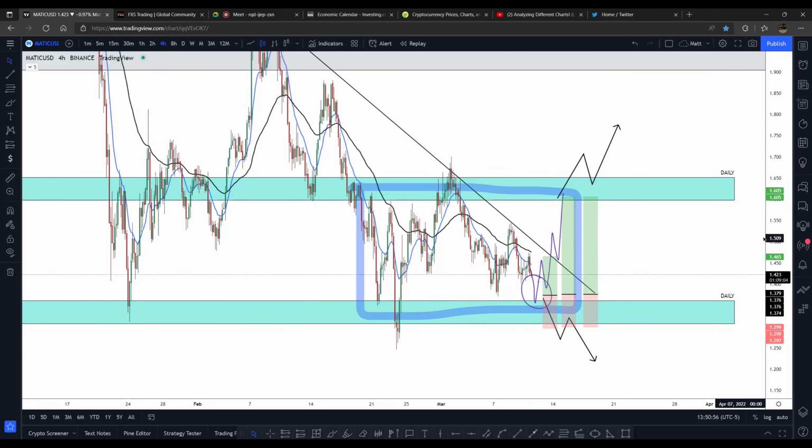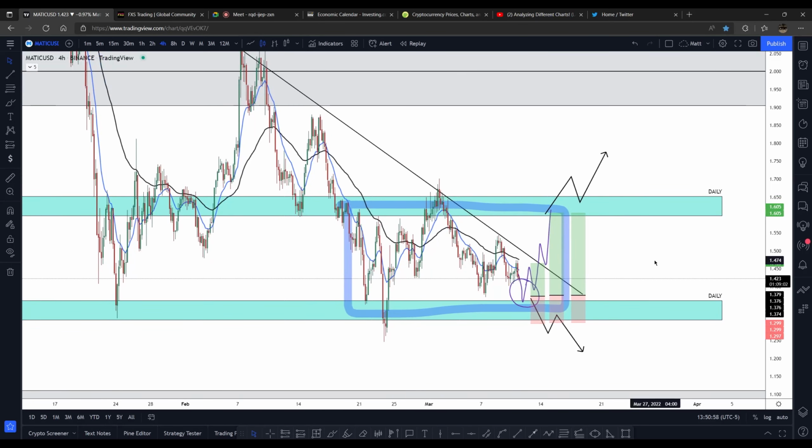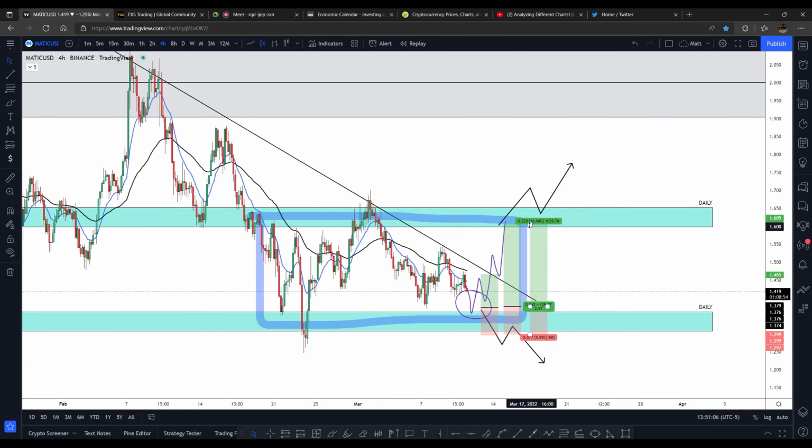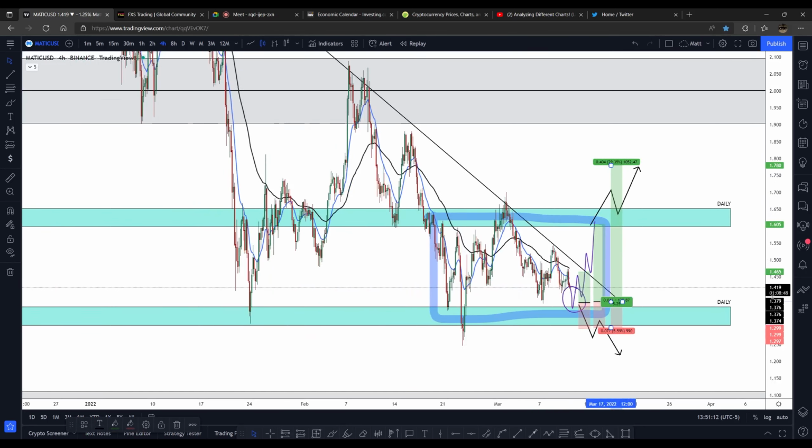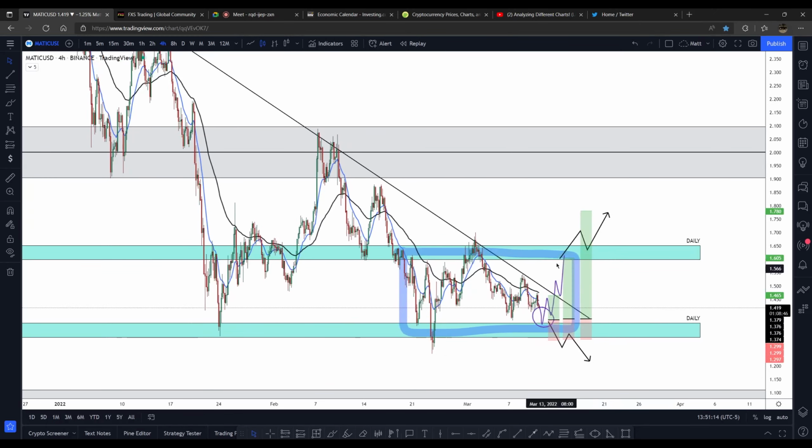If you're extremely patient and you want to leave a partial position open, or you can simply choose one of the three. It depends on your strategy, how aggressive you are, how much patience you have, right? Then you can hold the third one in case we break and retest above this overall range and continue trading higher.